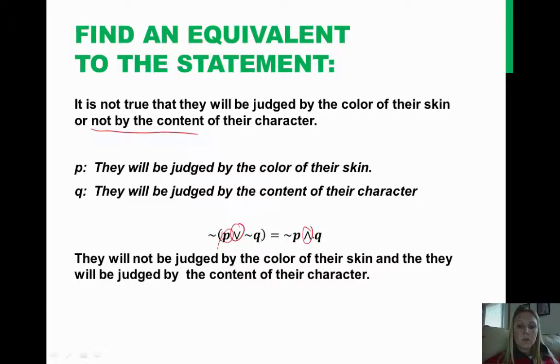But because Q is negated to start with, a negative of a negative makes a positive. So the answer to this will be, they will not be judged by the color of their skin, and they will be judged by the content of their character. So this statement is equivalent to this statement in logic.